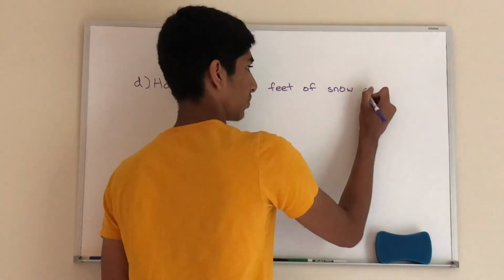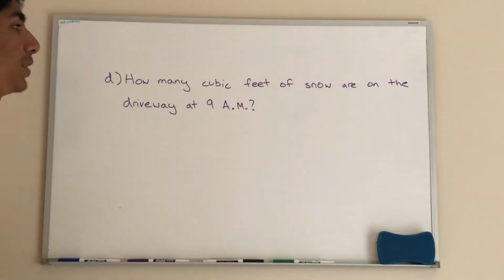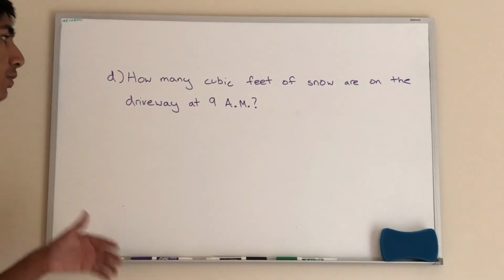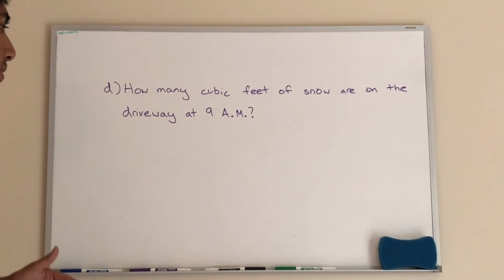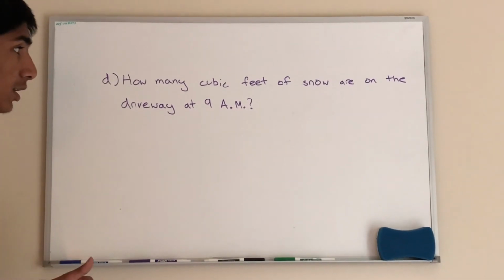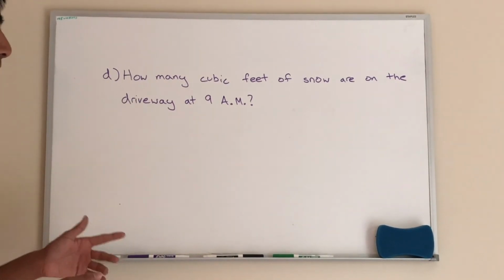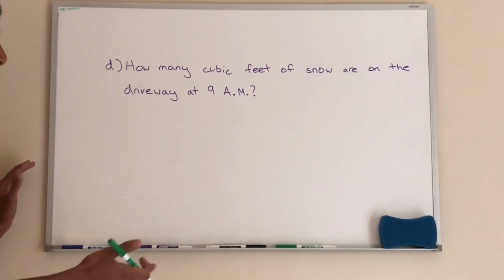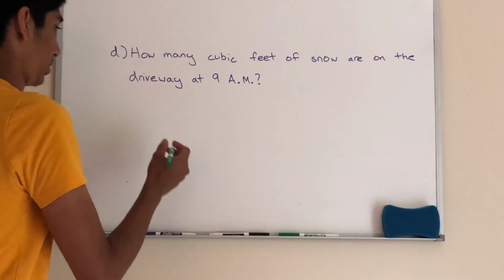How many cubic feet of snow are on the driveway at 9 a.m.? So the problem is asking us how many cubic feet of snow have accumulated on the driveway at 9 a.m. So we know that the snow is falling at a rate of f of t. And to see how much snow has accumulated on the driveway, we can take the integral from 0 to 9, because this tells us how many physical cubic feet of snow have accumulated, as we've seen from previous solutions.